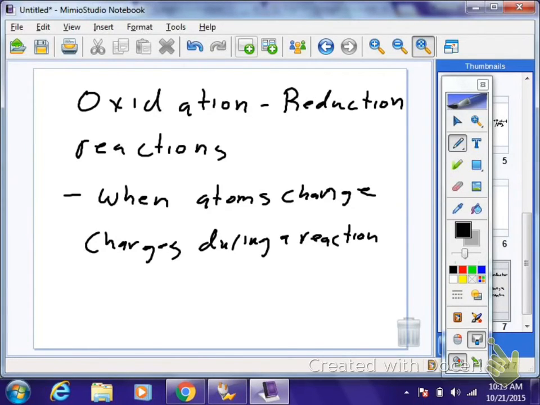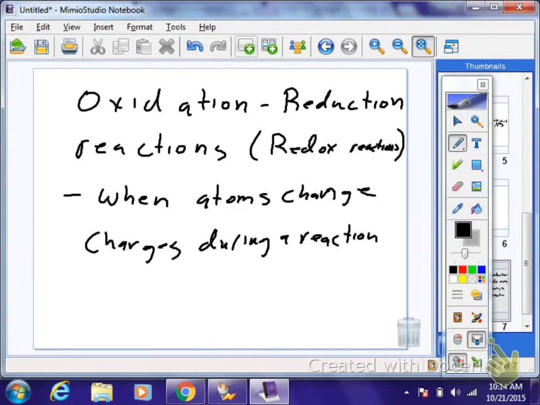Okay, go ahead and write that down. This is also called shorthand redox reactions. Redox reactions. 2 hours you'll be here. And plus, it doesn't even count towards your good things. Fail it. I know, I failed it.